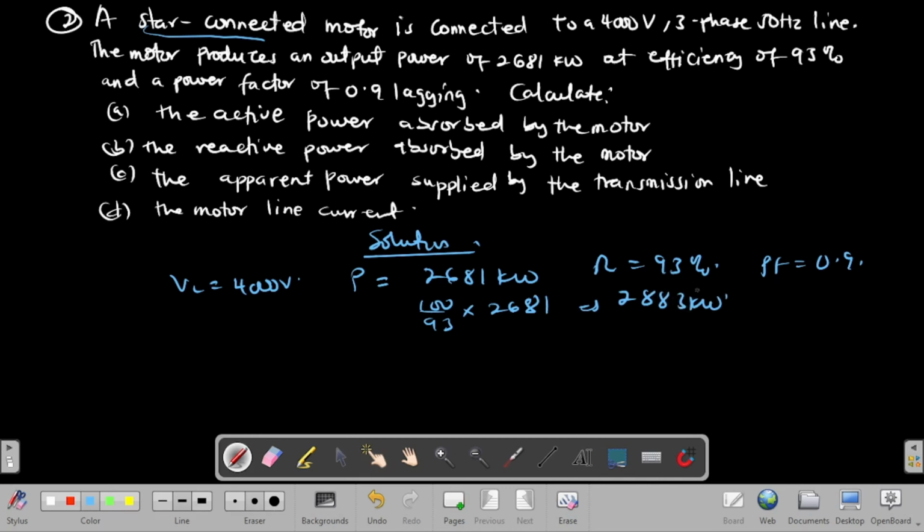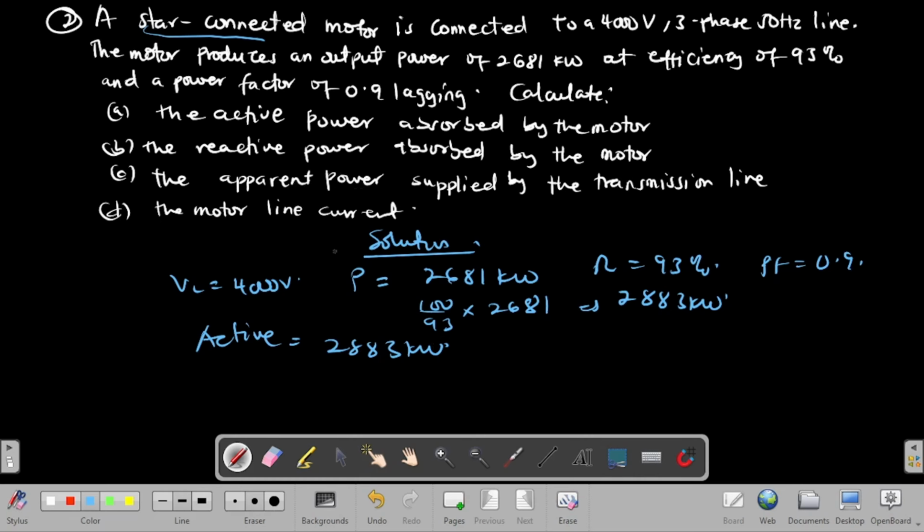That is our actual power input, and that power input is ideally our active power. So our active power absorbed is simply equal to 2883 kilowatts. Sorry, that should be 2.883 megawatts, so let me still make it 2883 kilowatts.